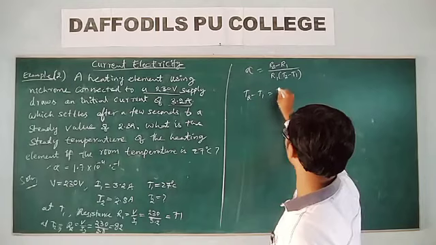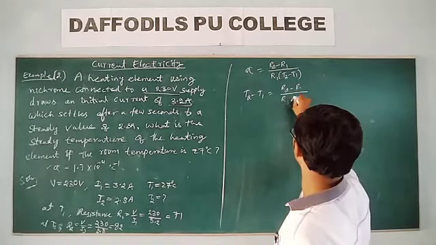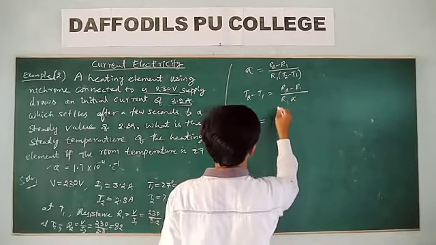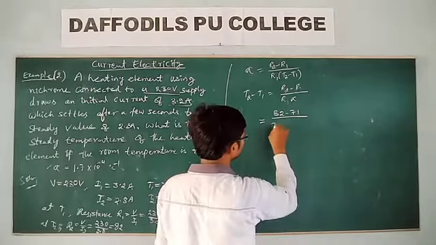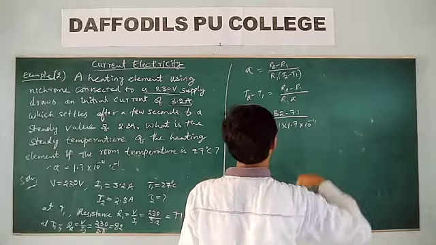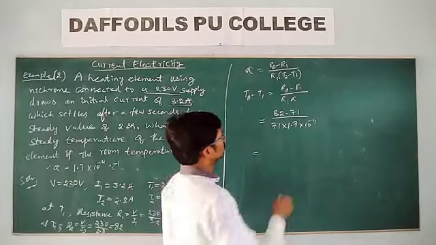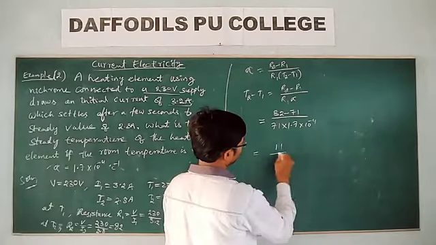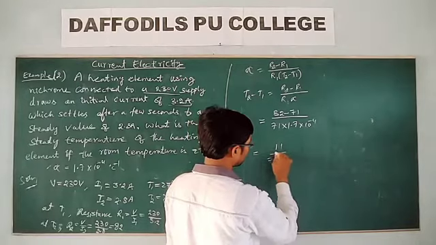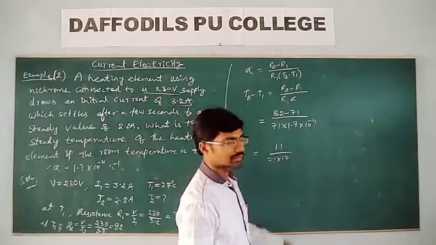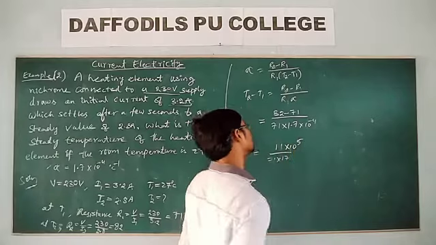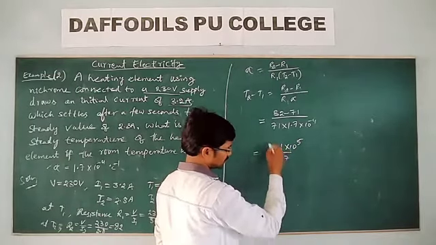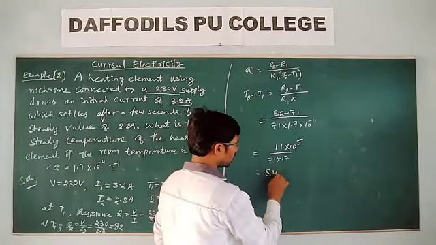From this, T2 minus T1 is equal to (R2 minus R1) by R1 alpha. Substituting values, that is 82 minus 71, which is 11, by 71 into 1.7 into 10 power minus 4, which is around 840.